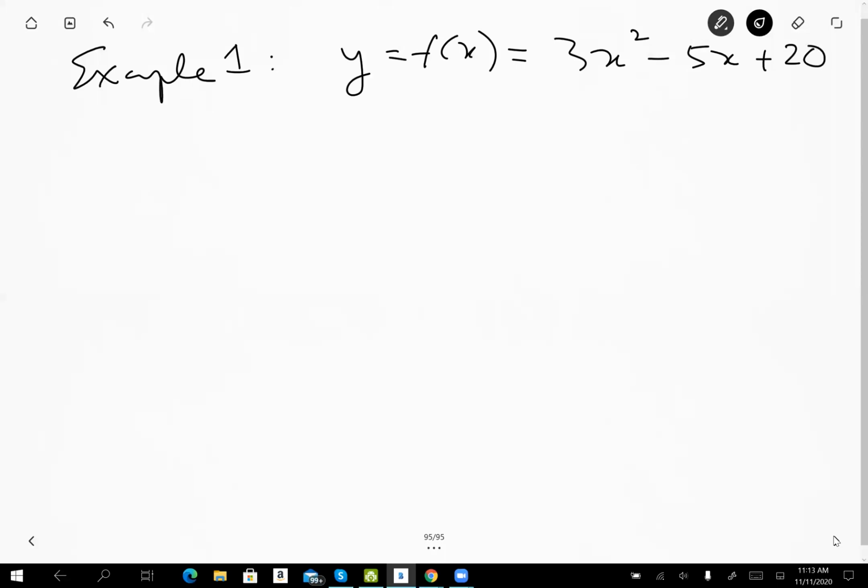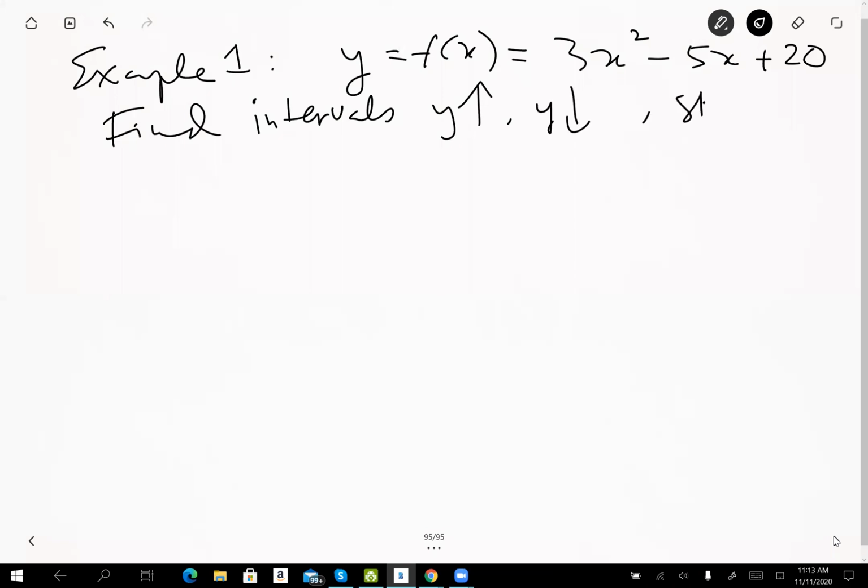Suppose I have this function. I want to find the intervals for which the function is increasing and decreasing, and then sketch the curve. So we are going to make use of the first derivative test.